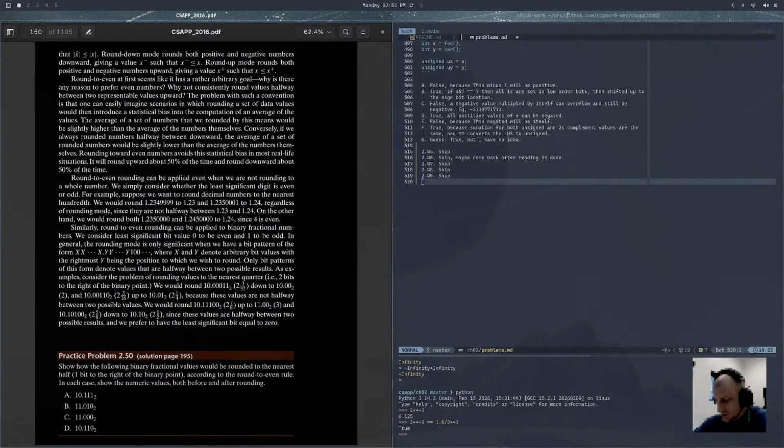Conversely, if we always rounded halfway numbers downward, the average of the set of rounded numbers would be slightly lower than the average of the numbers themselves. Rounding toward even numbers avoids a statistical bias in most real-life situations. It would round upwards about 50% of the time and round downwards about the other 50% of the time.